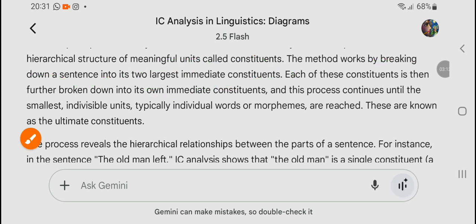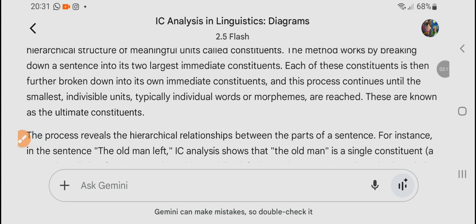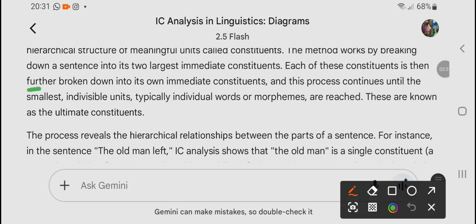Each of these constituents is then further broken down into its own immediate constituents. The two parts of the already broken sentence are again divided into their own immediate constituents, and this process continues until the smallest individual units, typically individual words or morphemes, are reached.